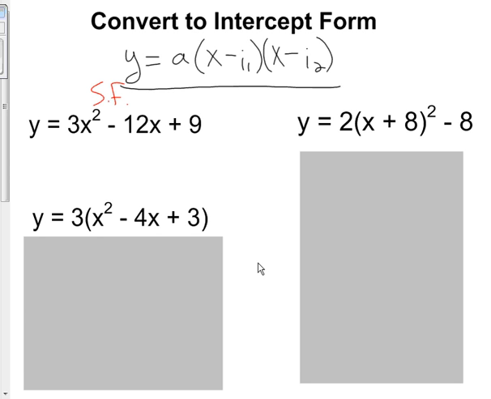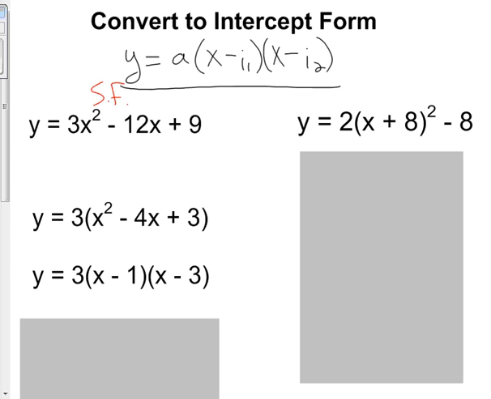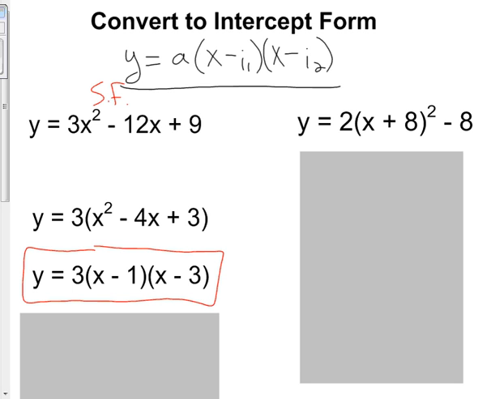That turns into 3 times x squared minus 4x plus 3. And then factor that trinomial into x minus 1, x minus 3. Now it is in intercept form. And what's nice is now we can quickly tell what the x-intercepts are. Remember, you do the opposite of what they are. So the x-intercepts are 1 and 3. That's a really quick way of doing that.